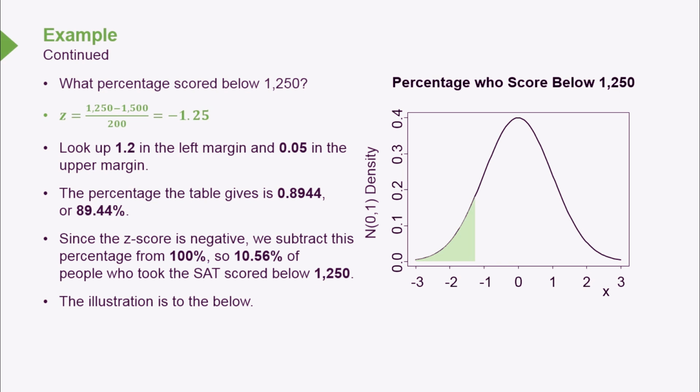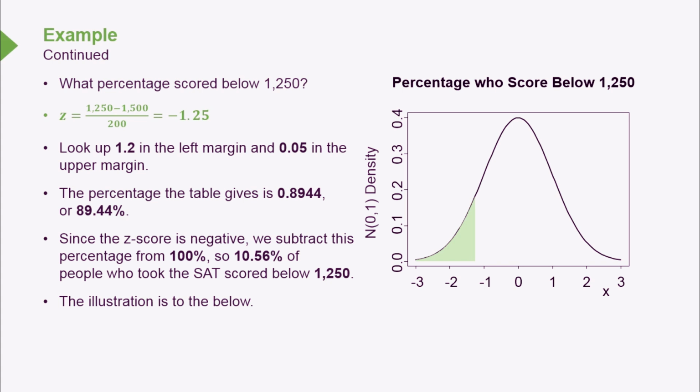What about the percentage of folks who scored less than 1250? Well, again, we first need to find a z-score for 1250. And so we get 1250 minus 1500 over 200, which gives us a z-score of minus 1.25. This is negative. So we're going to go in and look up the positive z-score.